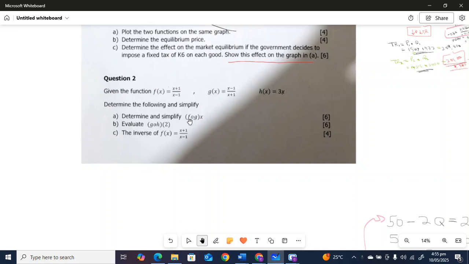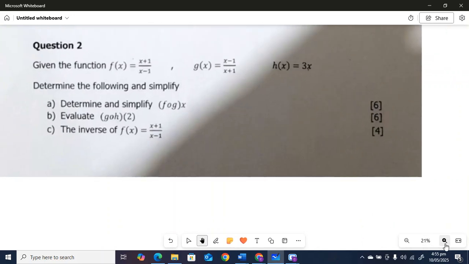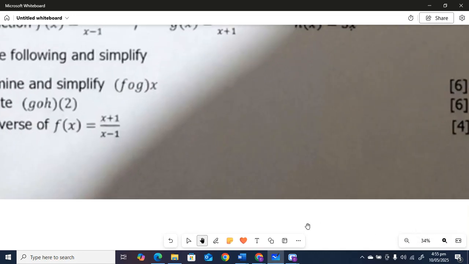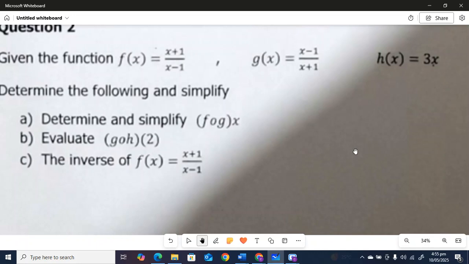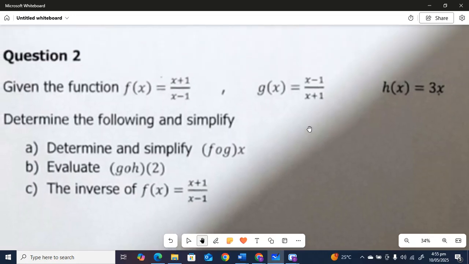So colleagues, when you see this here, this is a compound function. It's a function within a function. Basically, what this is saying in simple terms is the g function, you're going to put it in the f function.